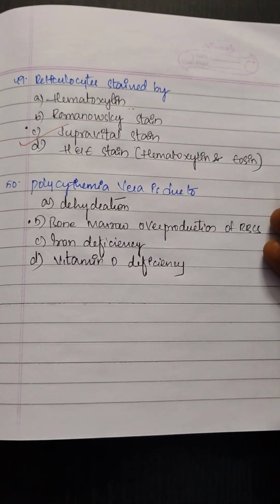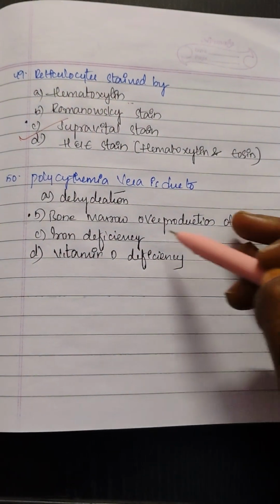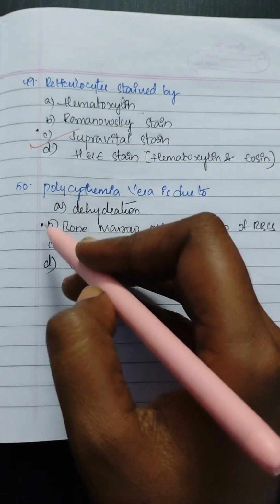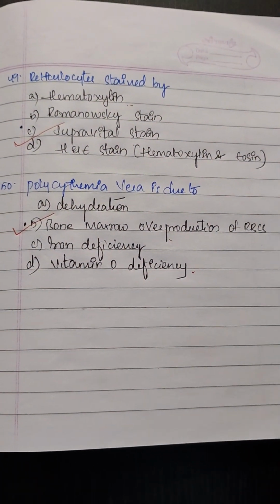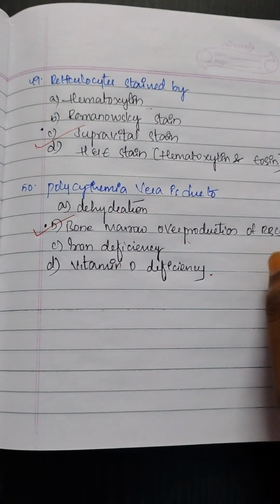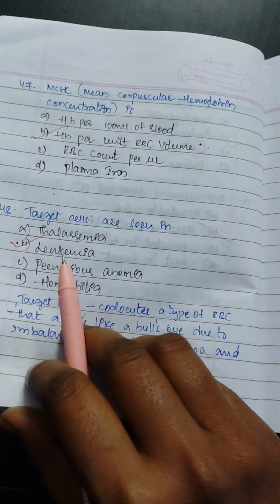Then, polycythemia vera is due to dehydration, bone marrow overproduction of RBC, iron deficiency, vitamin D deficiency. And the answer is bone marrow overproduction of RBC, which causes polycythemia vera. So these are the MCQs from the RBC topic.